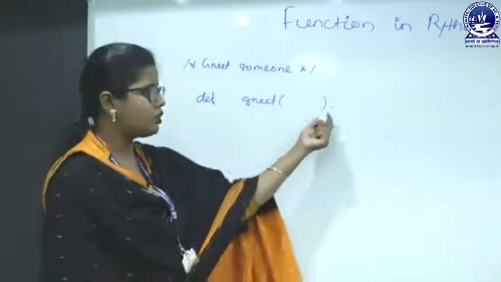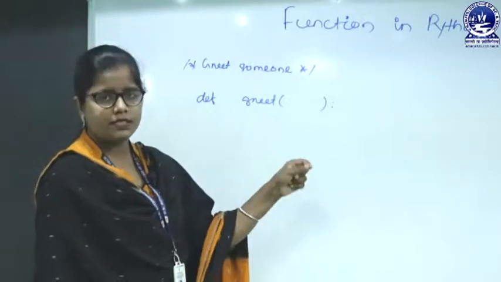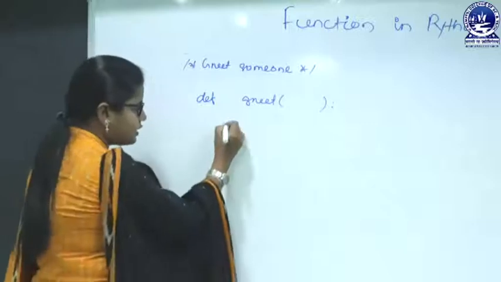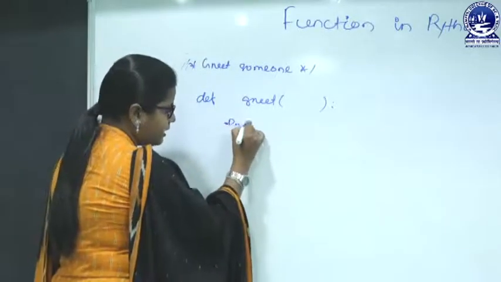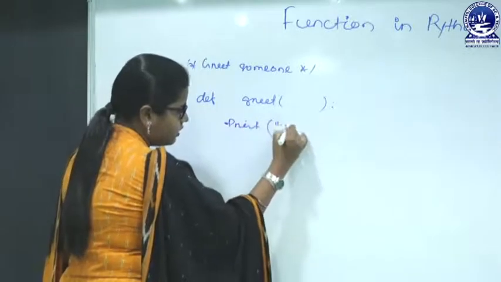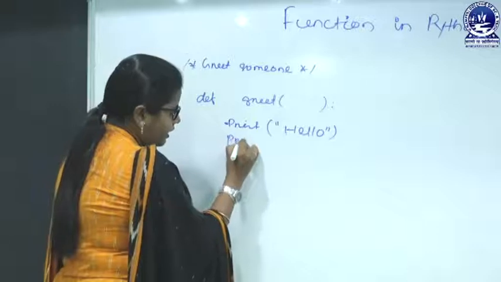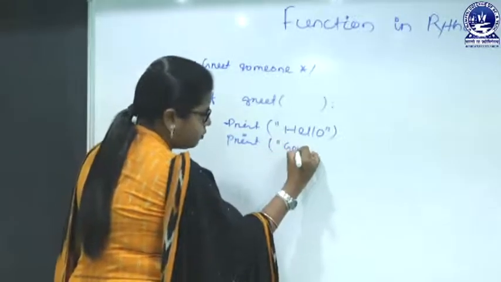When we put a colon and press the enter key, the indentation will follow and the cursor moves here. This means here I can write print hello. Again I can write here print good morning.